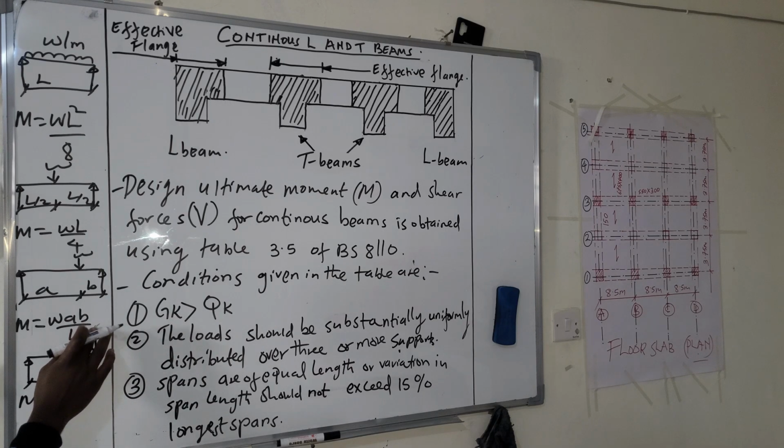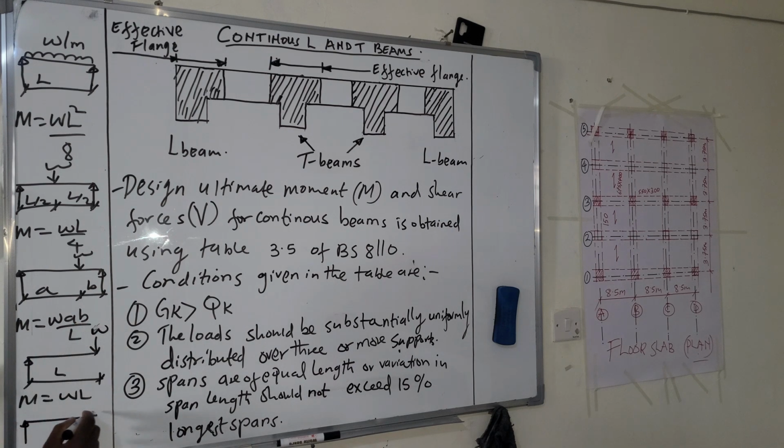So this is W. We have another one. So this is L, this is W over M. So M is equal to WL square over 2. So those are different cases for a simply supported beam.